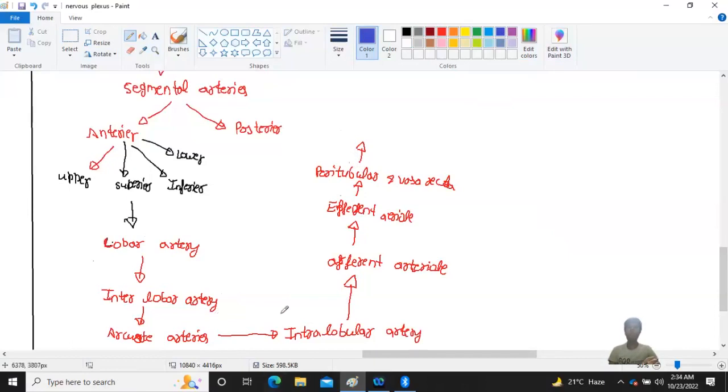This similar pattern goes in reverse direction: interlobular vein, arcuate vein, interlobular vein, then lobar vein.